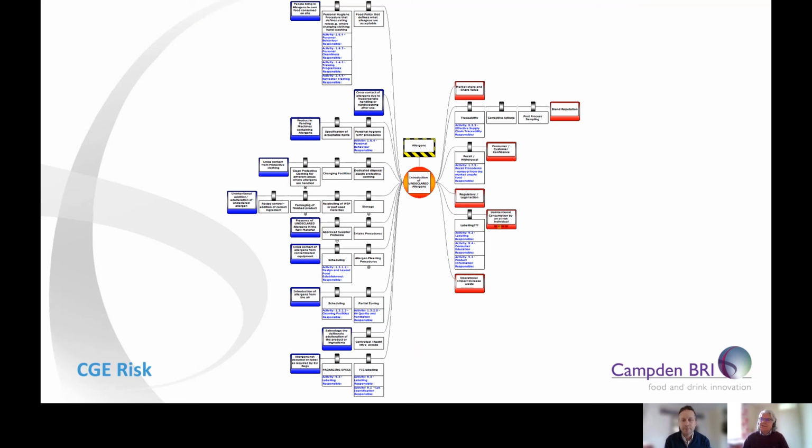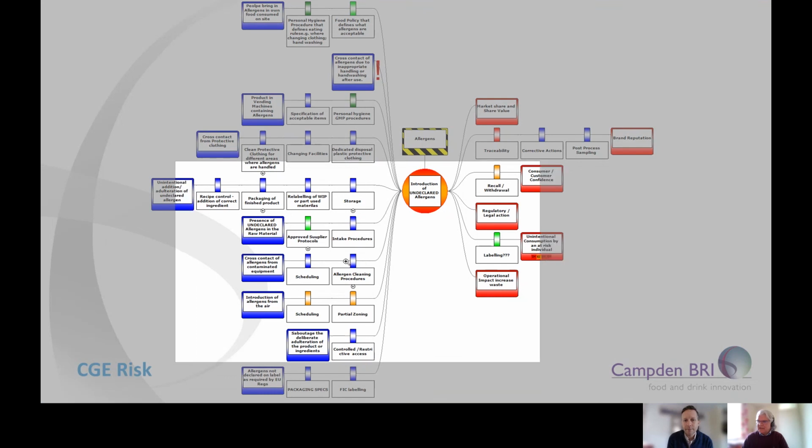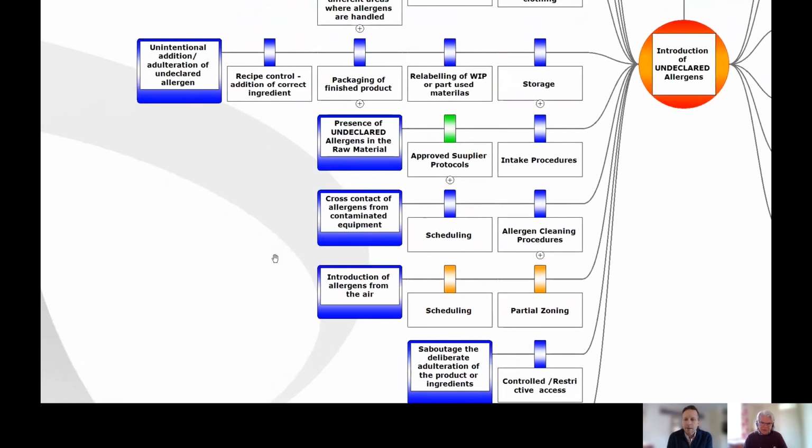And, Alistair, you mentioned the effectiveness of some of these. And again, this is about the management system. It's that third element that we talked about: do we have information about how effective our controls are? In real time, we can tag that information to say, well, we've got the presence of undeclared allergens in the raw material, but we've got an effective approved supplier protocol.